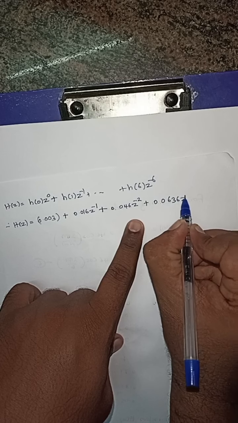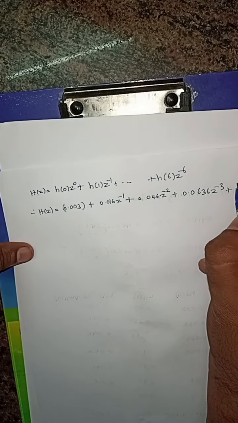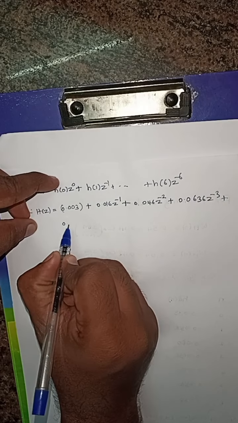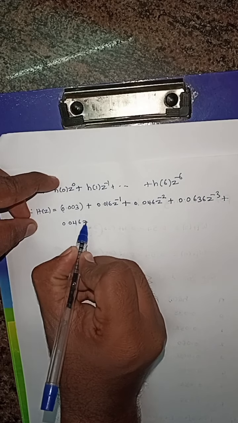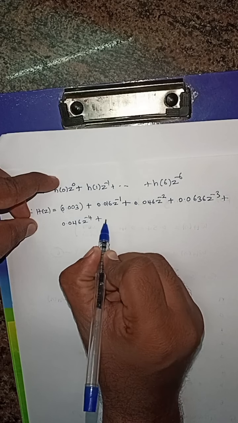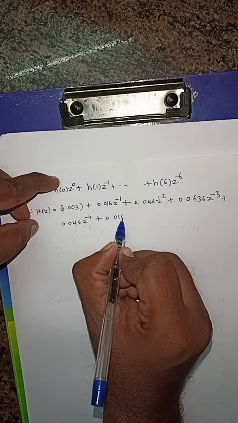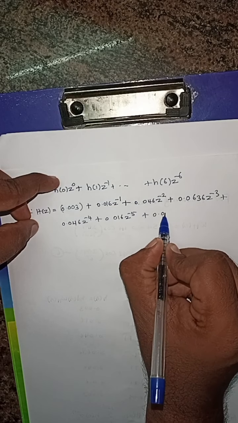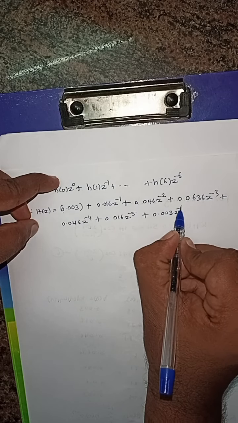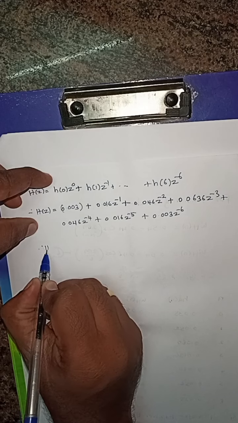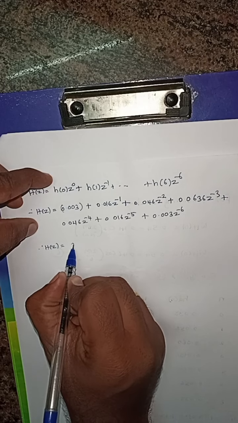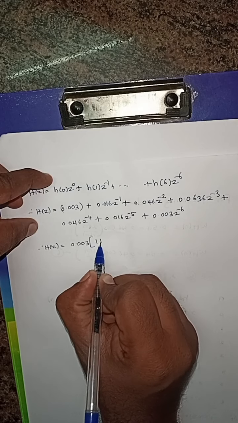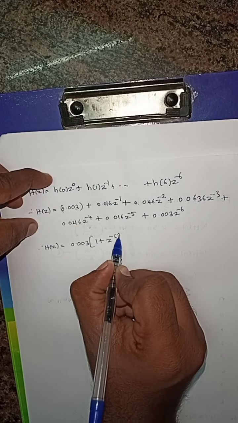0.0636 into z power minus 3 plus h of 4. h of 4 is 0.046 into z power minus 4 and h of 5 into z power minus 5, that is 0.016 into z power minus 5 plus h of 6 is 0.003 into z power minus 6. So now we can take 0.003 outside from this equation, so that we will get 1 plus z power minus 6.